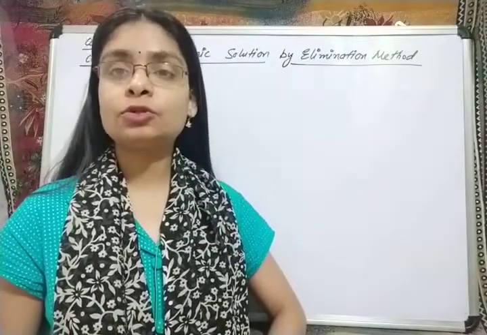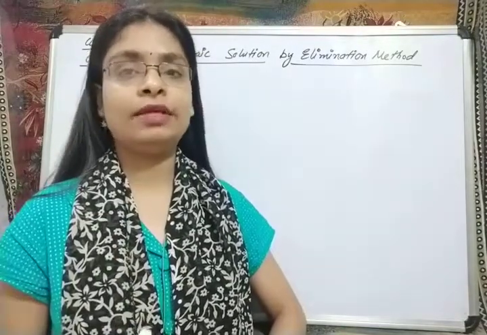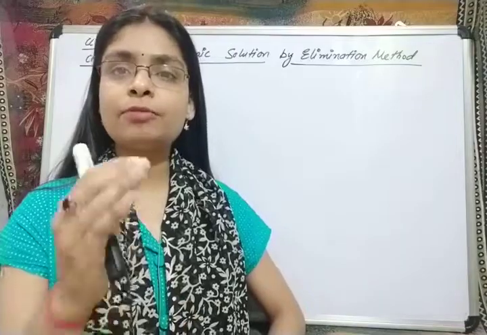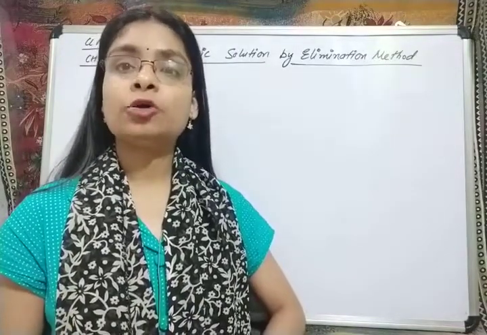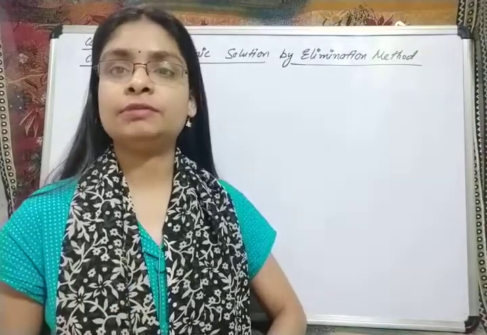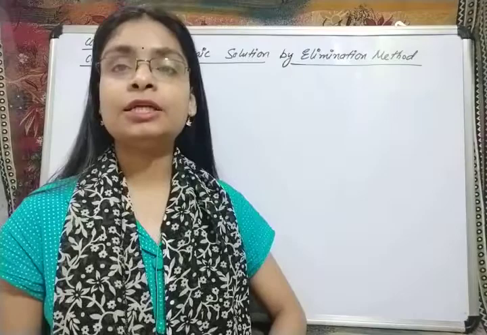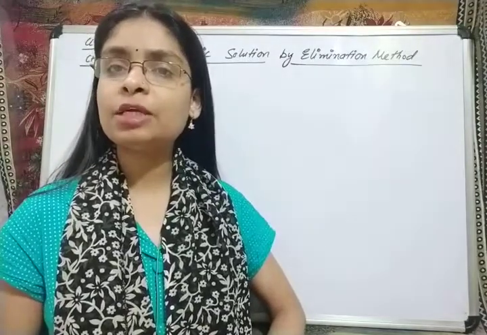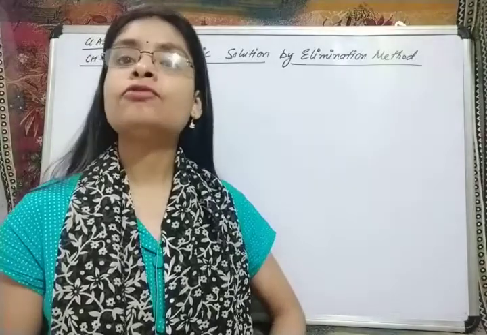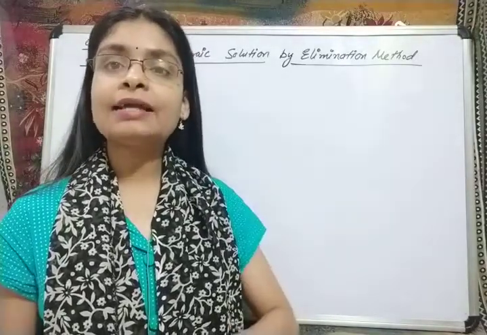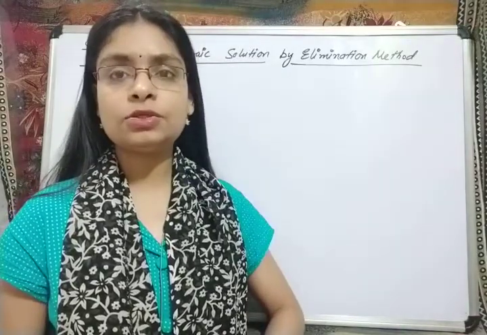Actually what we are doing in this method is we eliminate any one variable from both the equations and convert it into an equation which contains only one variable. A one variable equation. And solving a one variable equation is very easy. So from there we get the value of one variable, and by putting that in the previous equation we'll get the value of the other variable also.